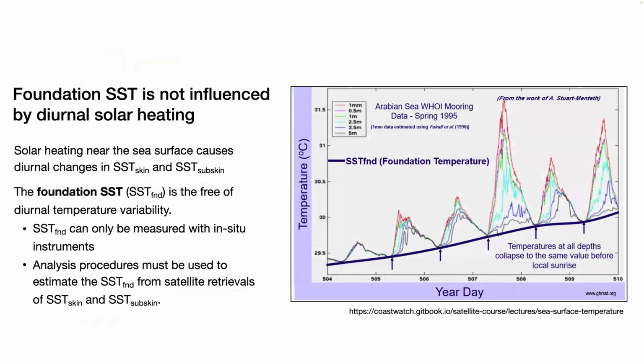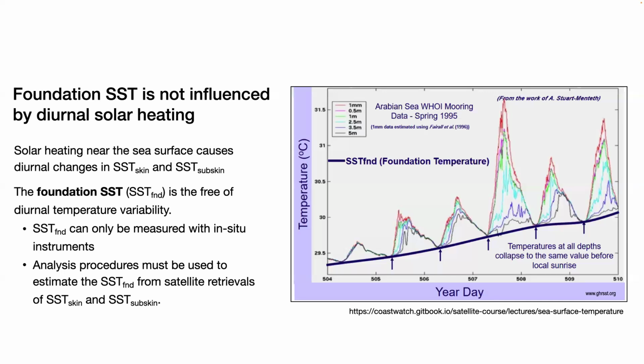This is a new term, I'm not really super familiar with it. I've definitely heard of the difference between skin temperature and bulk temperature. And there's another temperature separate from that, which is called the foundation temperature. You're going to have diurnal heating and cooling, daytime warming and nighttime cooling.